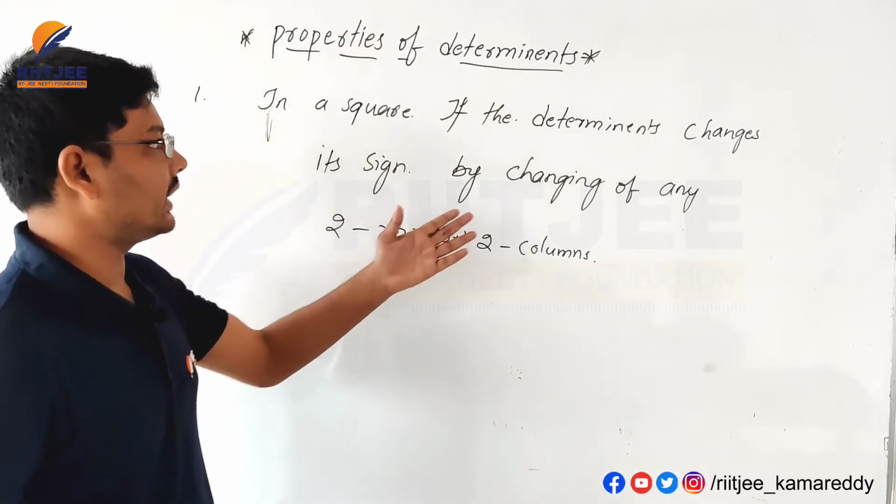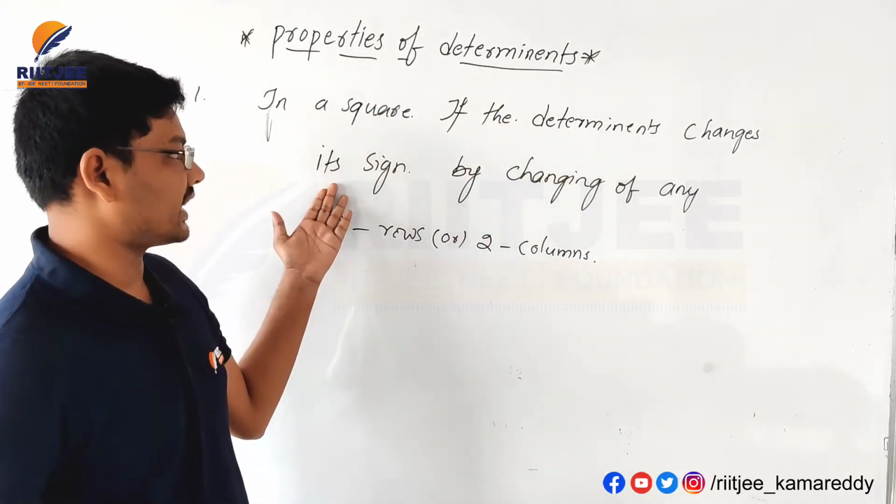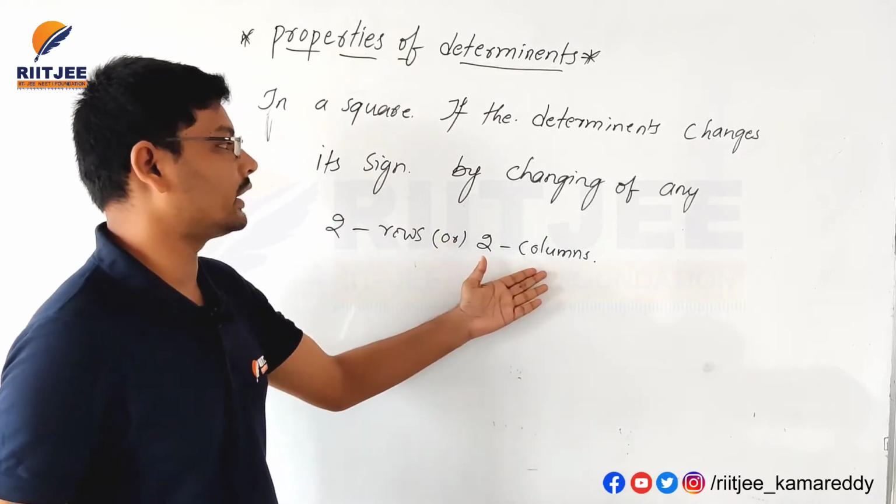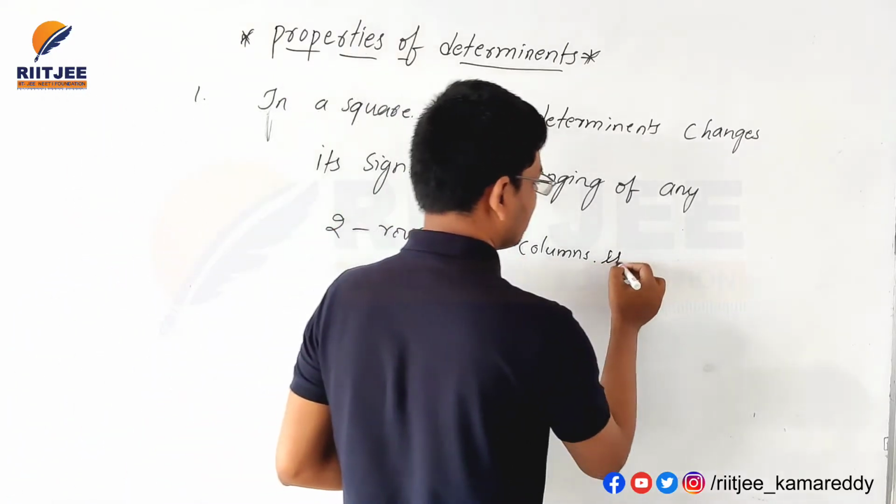Here in a square matrix, the determinant changes its sign when an interchange of any two rows or two columns has occurred.